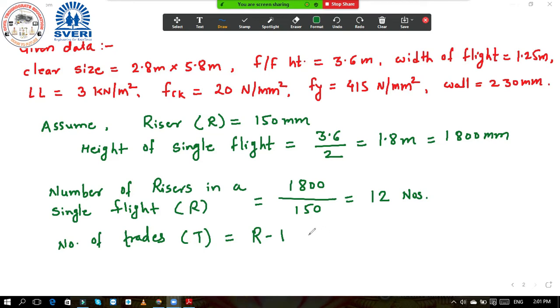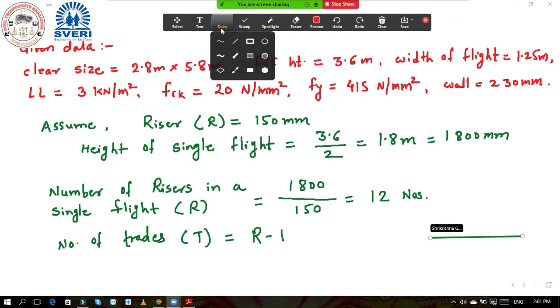Okay, the last tread is merged into the landing. I will tell you how. So suppose now this is your landing. Okay, now I will draw the steps randomly. So here, suppose these are the steps.